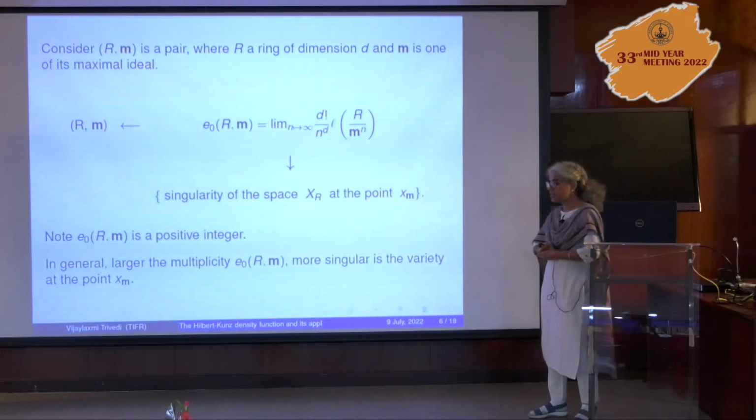Resolution of singularity means if I start with a ring which has a singularity, we would like to compare it with another ring which maps onto this ring such that it is less singular. You keep constructing a tower of rings where your e_0 at various points keeps dropping till it becomes 1, so the ring is regular everywhere. That's a rough idea.